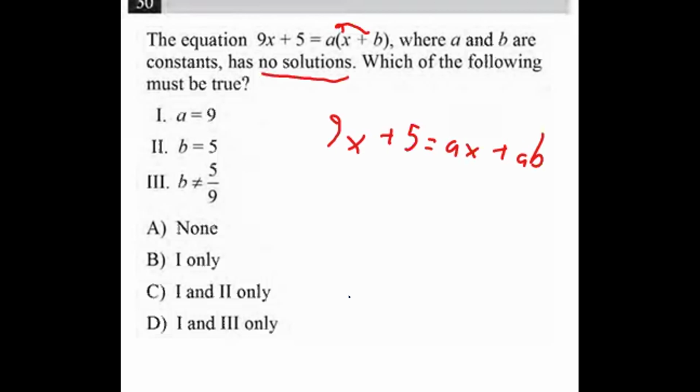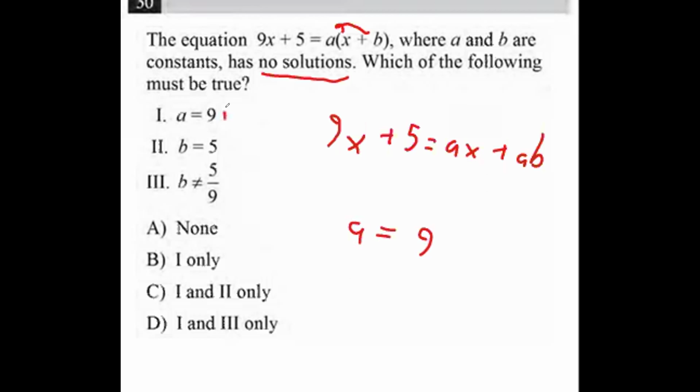So for no solutions, we need to completely get rid of the x and have the constants be different values. To completely get rid of the x, we need 9x on both sides, because if you subtract 9x from both sides, then you get rid of x completely. So in this case, a has to equal 9. So then we have 9x plus 5 equals 9x plus 9b.